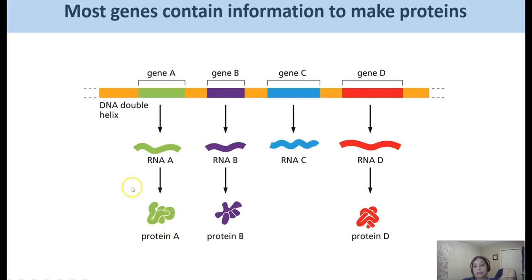So here, as an example, you have 4 different genes on this particular strand of DNA that make 4 different RNA transcripts. Obviously, 3 of them end up building protein out of their transcript, while for gene C, the RNA is the final form, and that's what's going to be doing the work.